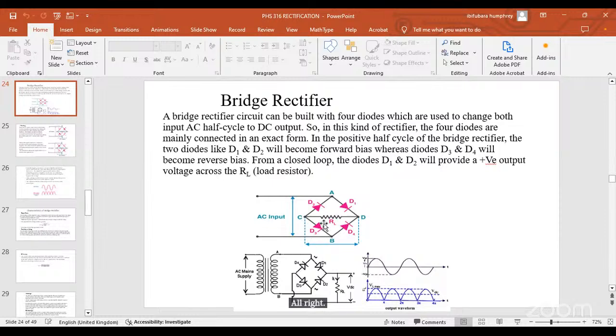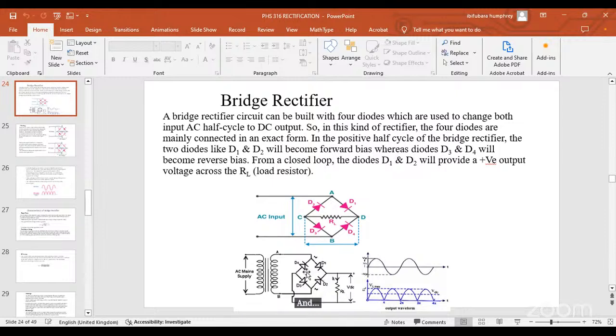Now, that circuit is a bit different from what you find below. What you find below is similar, but here the load is connected in between the 4 diodes, while in the other the load is connected outside the diodes. So when the current comes to D1, that is the junction between D1 and D2.